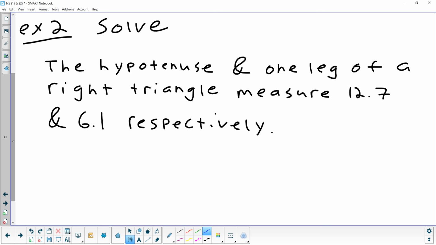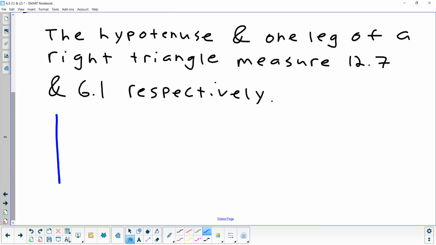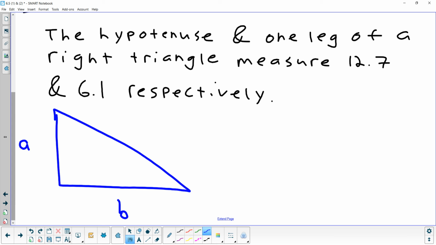All right, so first thing that I should do in this problem: draw it. Let's draw it out. Okay, I'm going to call the sides A, B, and C. So I know that C is 12.7.